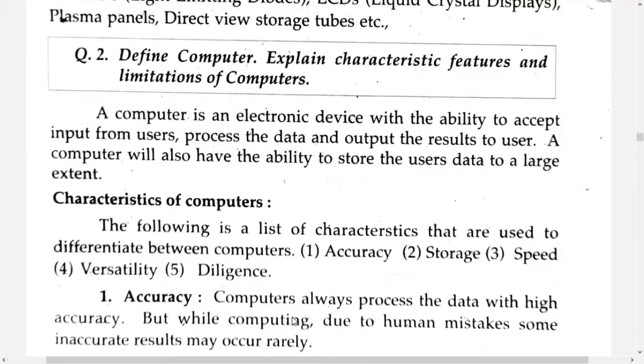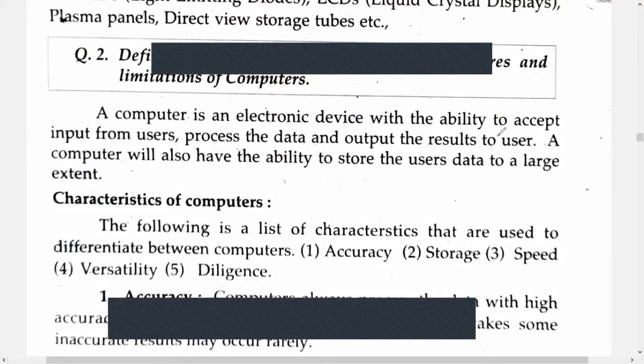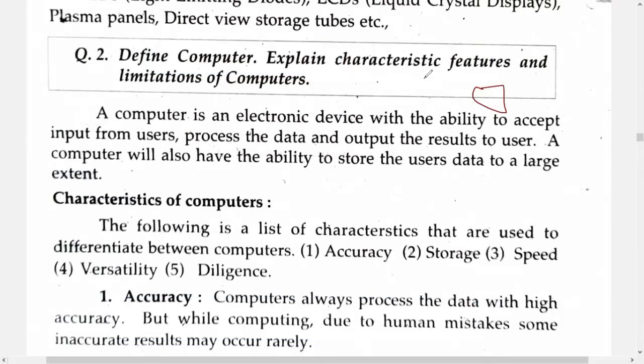A computer is an electronic device with the ability to accept input from users, process the data, and output the results to the user. As we already know, in the last session we discussed the block diagram of the computer.